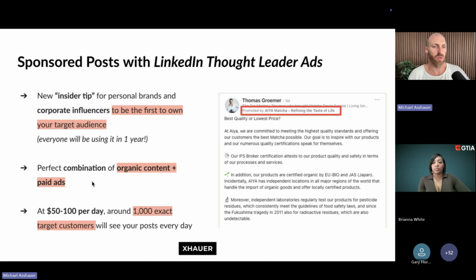And at around $50 to $100 at a CPM, let's say CPM of $100. In Europe, it's a little cheaper. Around 1,000 exact target customers will see your posts every day, each and every day. Yeah, you spend like $50 or $100 per day, and then 1,000 of your exact target group will see the posting.